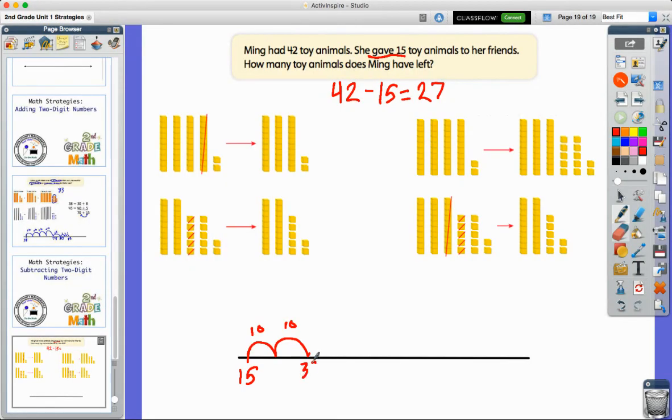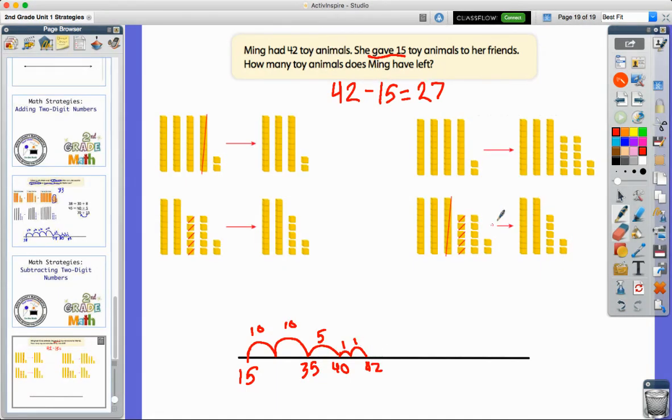So we went from 15 to 25, 35. And now I've got to get up to 42. So I can do a jump of 5, which would take me to 40. Now I could jump 2 more to get me to 42.